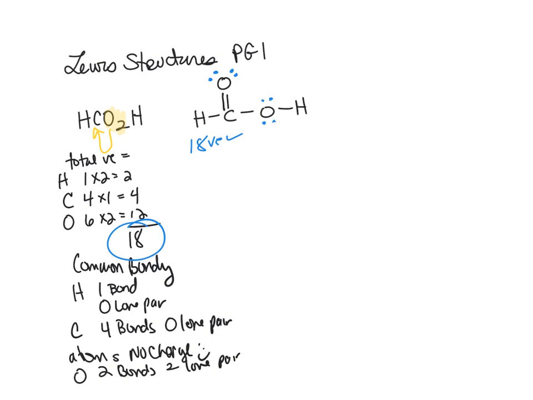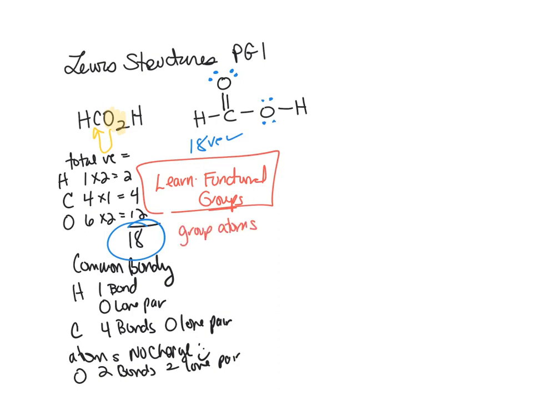Now I'm going to tell you that I think it would be good for you to go ahead and learn your functional groups. We don't really do that until maybe chapter 3, but you need to be able to look at the Lewis structures that you're drawing and classify them in a certain functional group. A functional group is a group of atoms that are connected in a particular way, and they function very similarly.